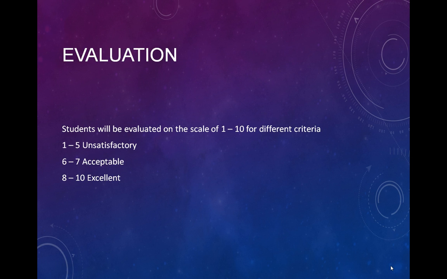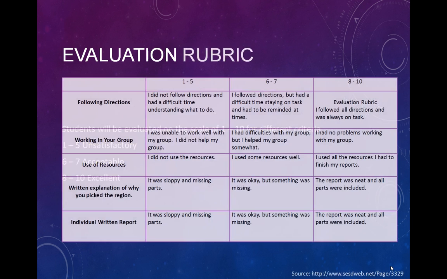The next step is the evaluation. There are three main point areas that I will give to the students: 1 to 5 is unsatisfactory, 6 to 7 is acceptable, and 8 to 10 is excellent. I also designed an evaluation rubric.